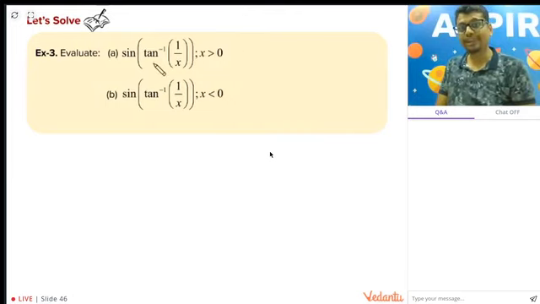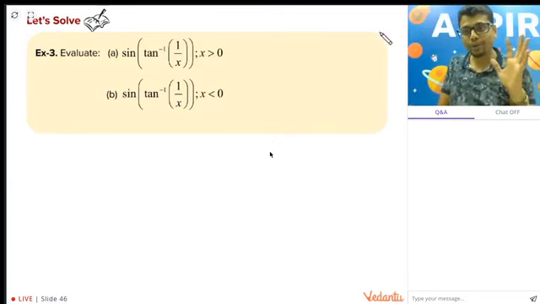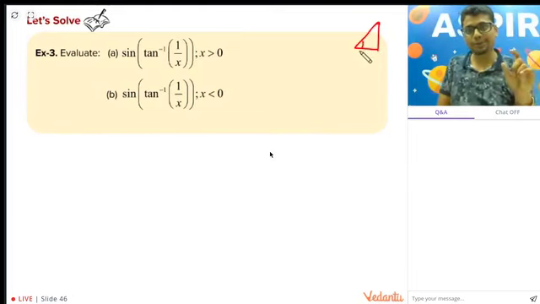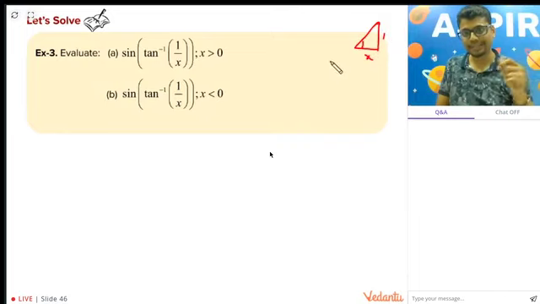Sine of tan inverse 1 by x. X is positive, right? So x is positive means what? Again, I'll go that way. If this is the angle that I'm considering, so what is this? Perpendicular by base. X is positive, so I can take it as a side length. What is the hypotenuse? This. So what will be sine?